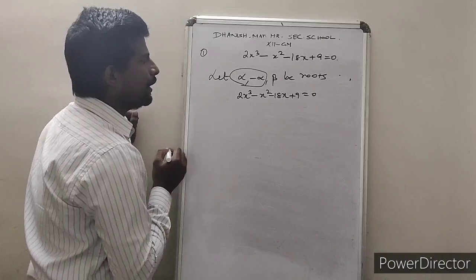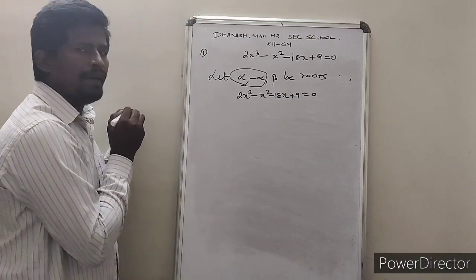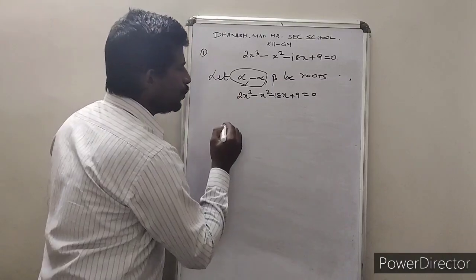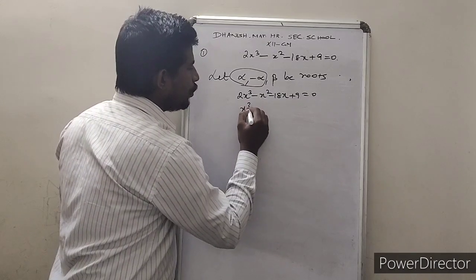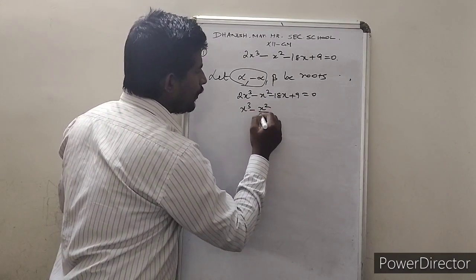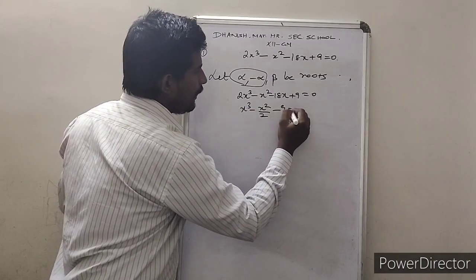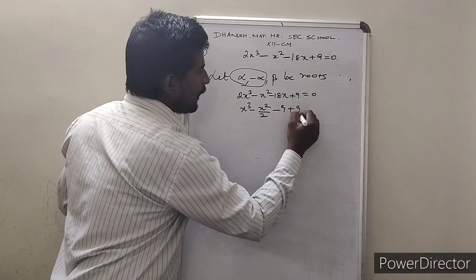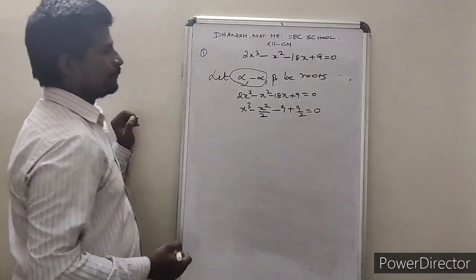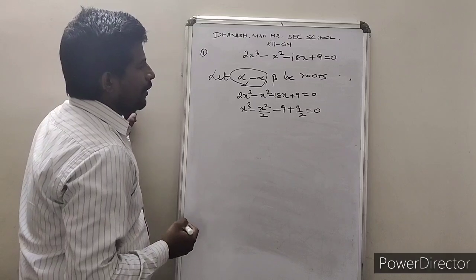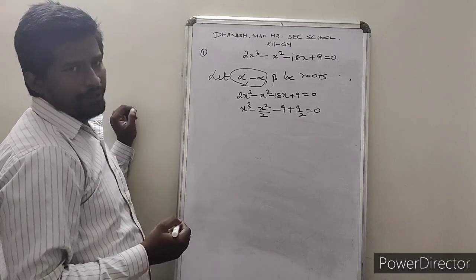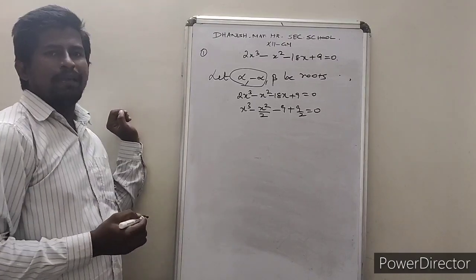Now I'm going to divide by the coefficient of x cube, which is 2. So x cube minus x square by 2 minus 9x plus 9 by 2 equal to 0. Now I'm going to apply Vieta's formula for a cubic equation.